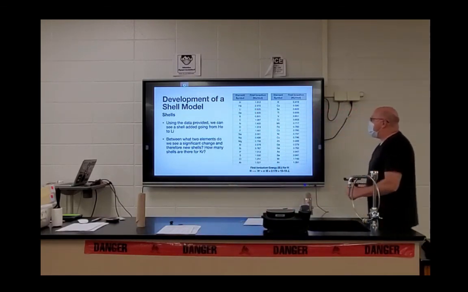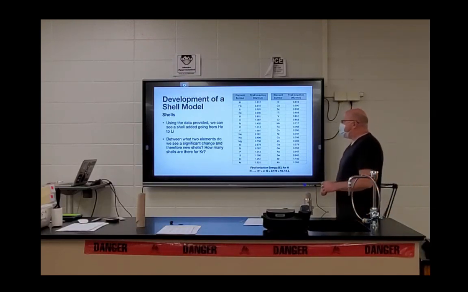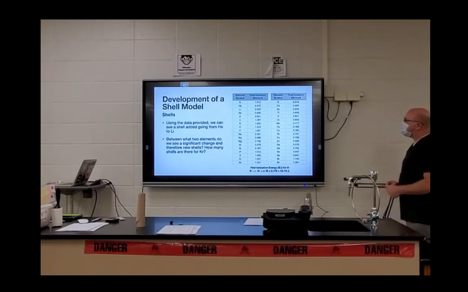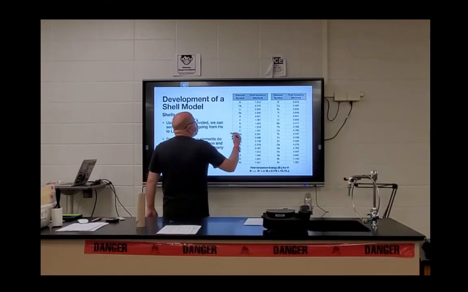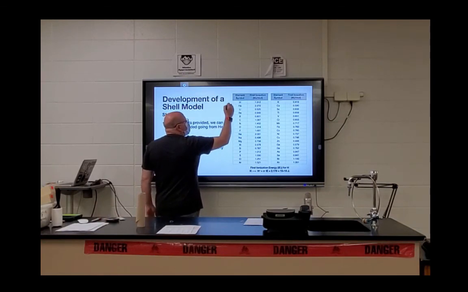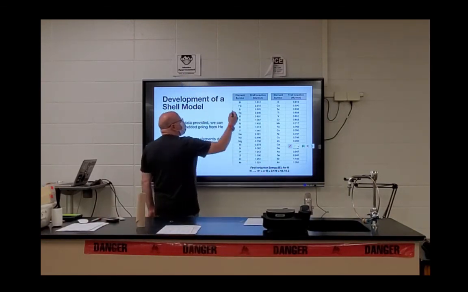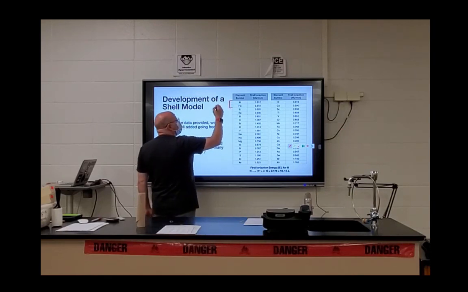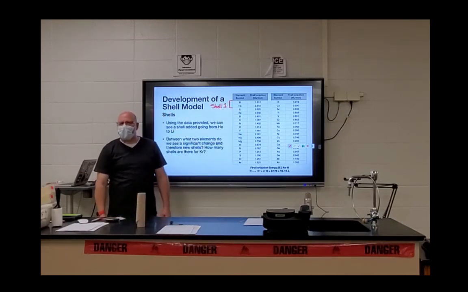So using the data provided, we can see a shell added going from helium to lithium. Between what two elements do we see significant change and therefore new shells? So, shell 1. Let's start us off there. Where's our next shell encompassing?